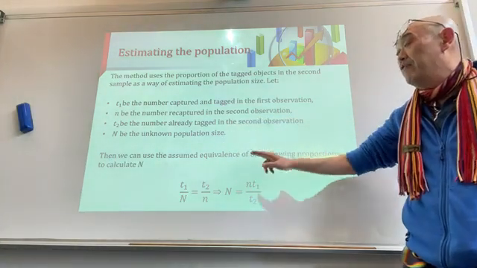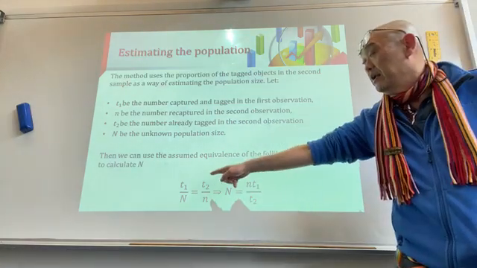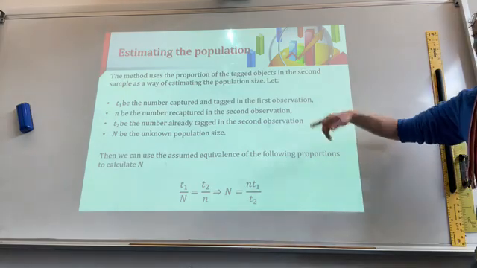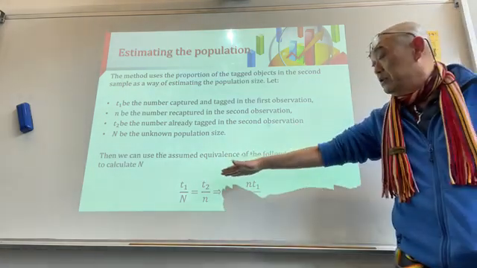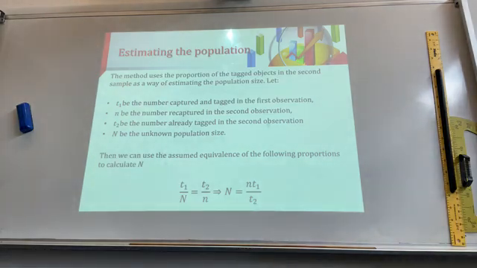We can assume the equivalence of the following proportions to calculate N: T1 over N equals T2 over small n. Therefore, the capital N, the estimated population size, is small n times T1 over T2.